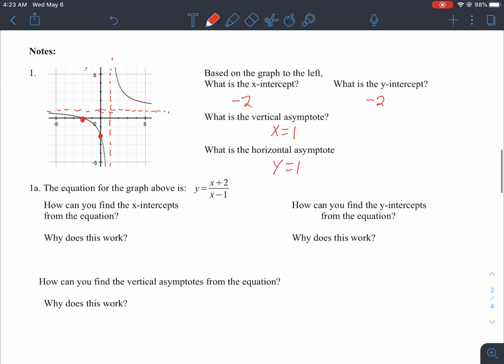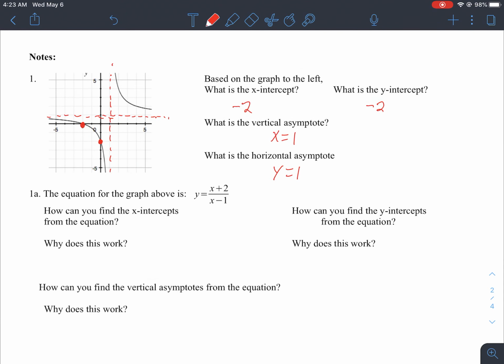The equation for the graph above is y equals x plus 2 over x minus 1. How can you find the x-intercepts from the equation? The x-intercept is a point. The point is -2, 0.